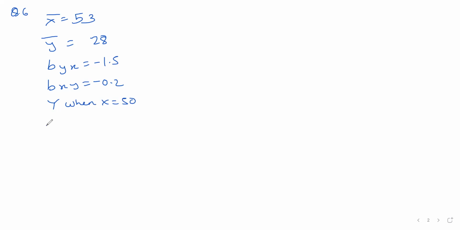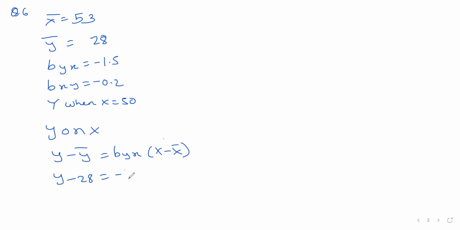So you will have to find y on x first. That is y minus bar y equals byx into x minus bar x. So this will be y minus 28 equals minus 1.5 times x minus 53. Y minus 28 equals minus 1.5x, so it is plus 79.5.